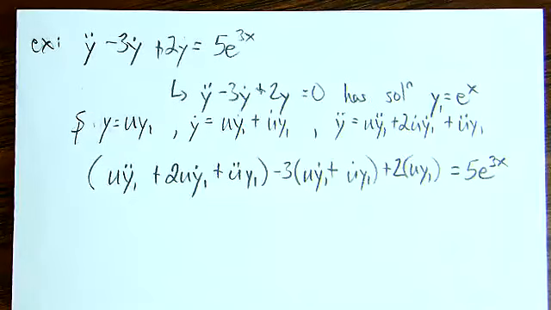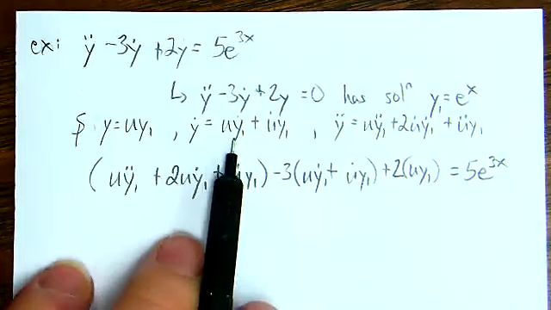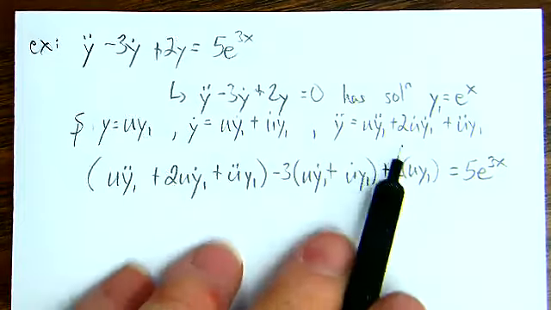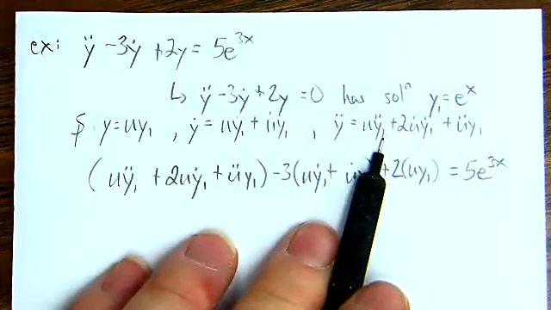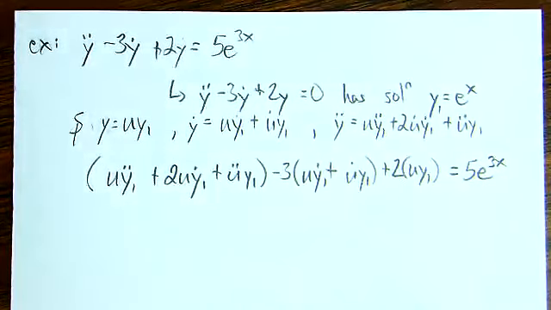y1 is e to the x, which means I can plug that in. The derivative of y1, that is y1 dot, is also e to the x. The second derivative of y1 is also e to the x. I can plug all of that in here to clean this up a little bit.